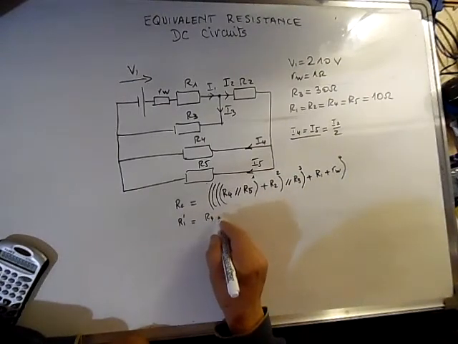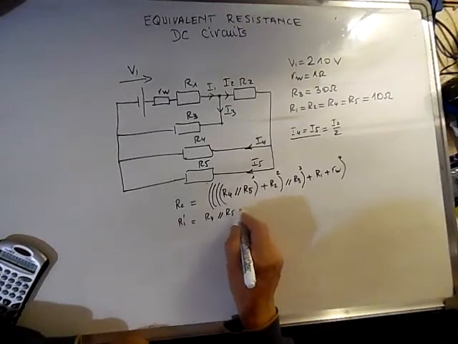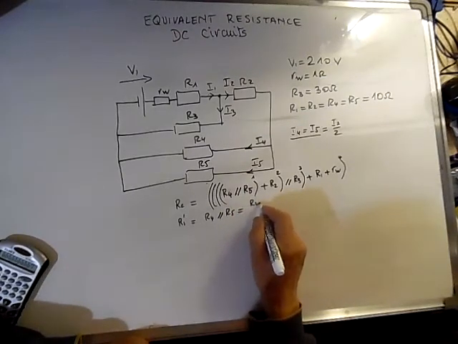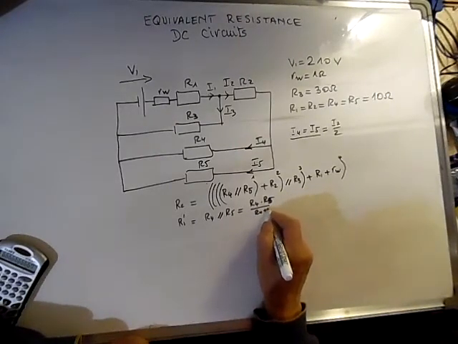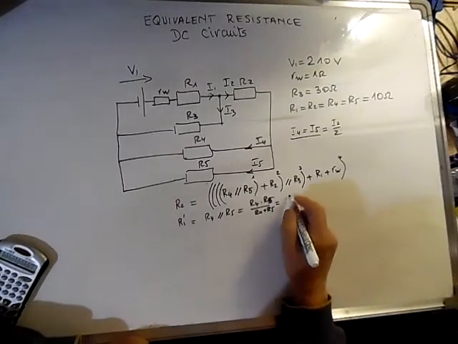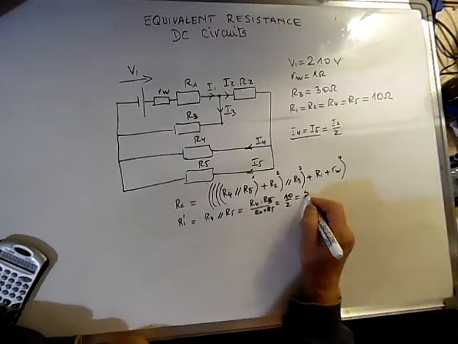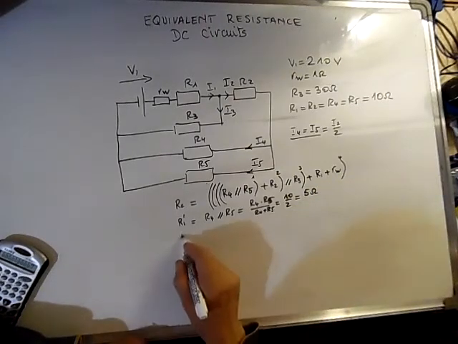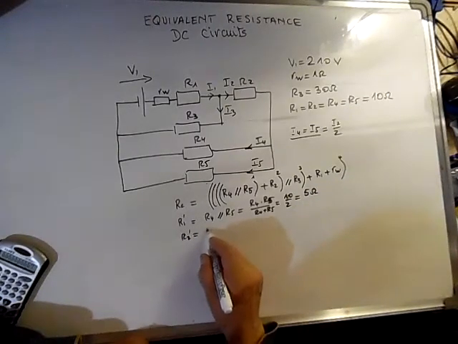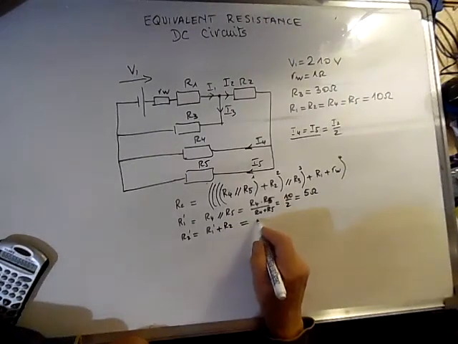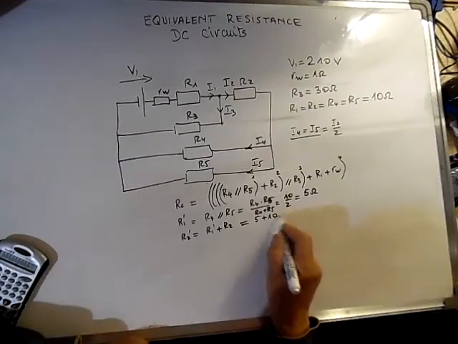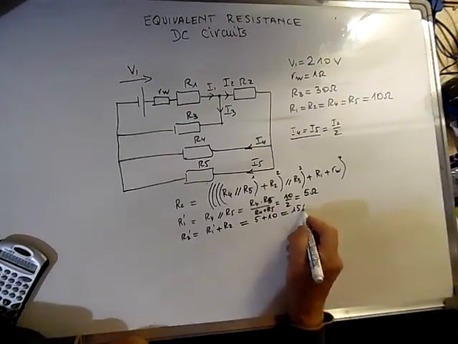This is R4 in parallel with R5, and we know how to calculate the equivalent resistance. It's R4 times R5 over the sum of the two. So it means it's half, it's 10 over 2. It's 5 ohms. R2 prime is R1 prime plus R2, which are in series. So it's 5 plus 10, it's 15 ohms.